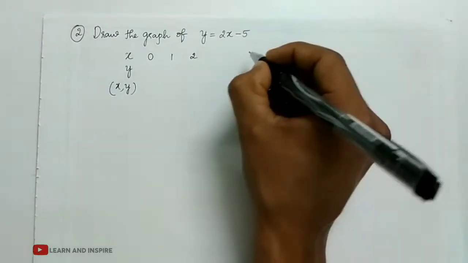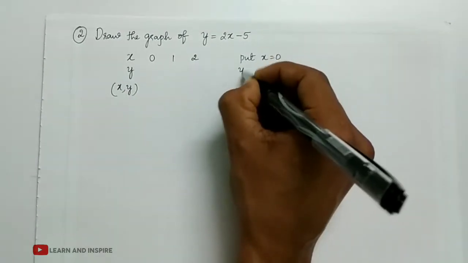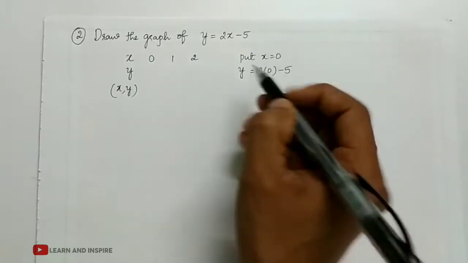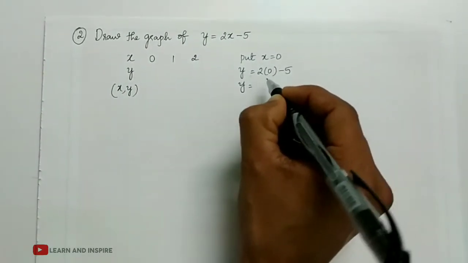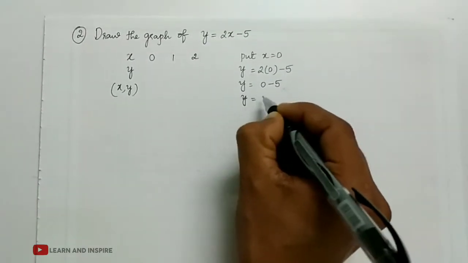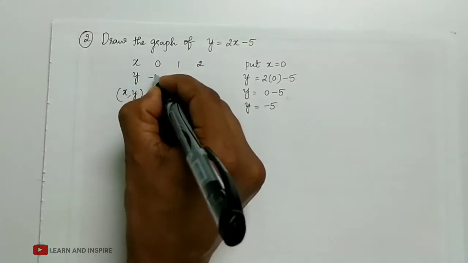First I substitute x equals 0, then y equals 2 into 0 minus 5. In place of x I am substituting 0, then y equals 2 into 0, which is 0, minus 5. 0 minus 5 is minus 5. The value of y is minus 5, so I write minus 5 here.